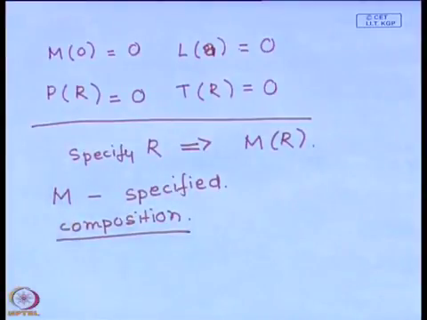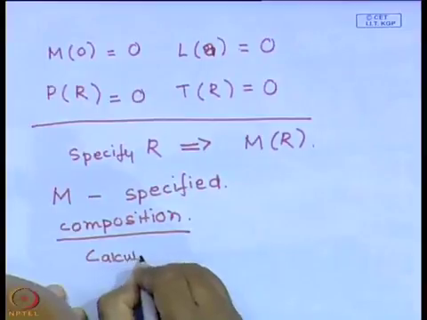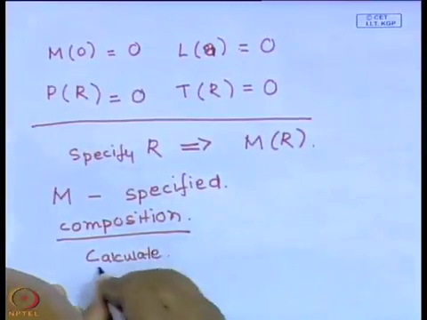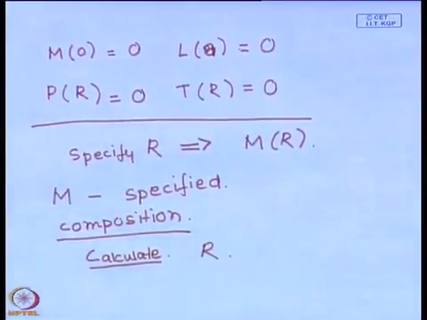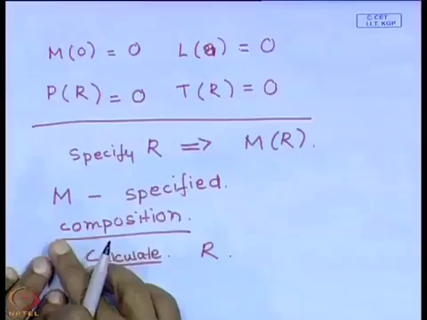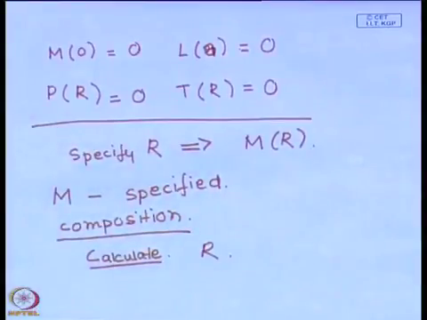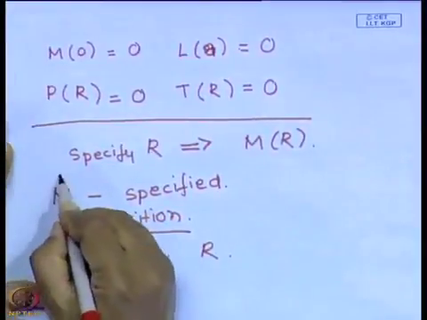Given the mass and the composition, we would then like to calculate the radius of the star, the size of the star, and various other things: the temperature profile, the density profile, where the energy is transported radiatively, where it is transported through convection, everything else we would like to solve given this. So the problem is reformulated so that these two things can be specified.